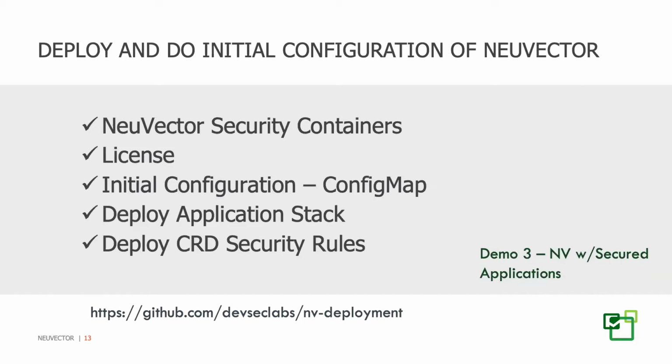Number two, deploy NeuVector like we just did. But in addition to that, let's try to configure everything as much as possible in that initial deployment. So the license that needs to be applied, let's apply that. Let's also do some initial configuration using config map so that we don't have to go in and log in and do a bunch of configurations manually.